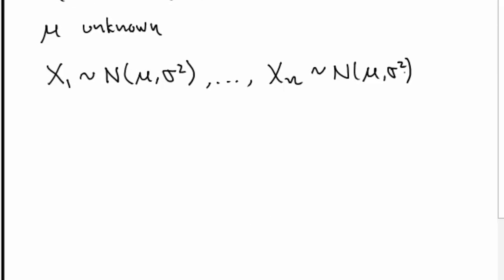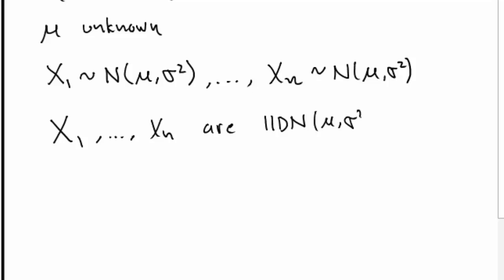And if I would like to also assume that they're independent, then the common notation is the following. x1, dot dot dot, xn are IID N(mu, sigma square). That means that I have n random variables. They're mutually independent.